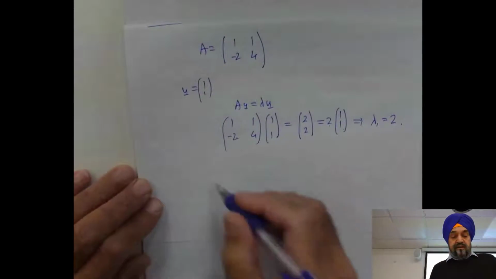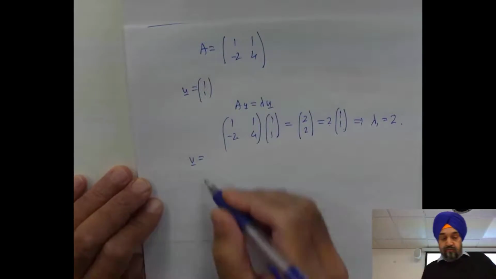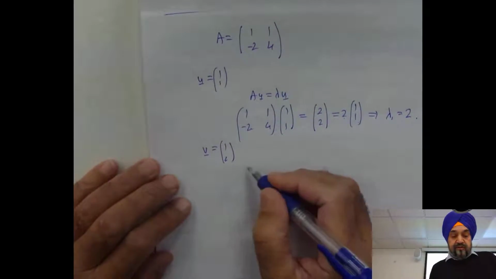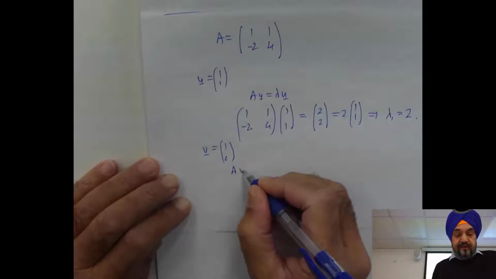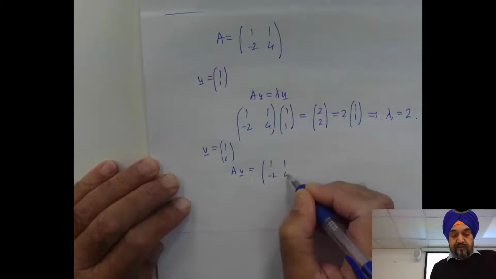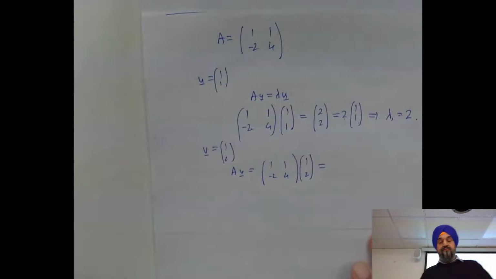Say you're given that V is equal to 1, 2. Now, what is AV equal to? AV is equal to the matrix 1, 1, minus 2, 4 times the vector 1, 2. What do we get this time?